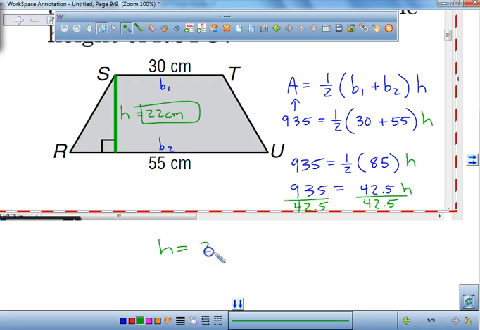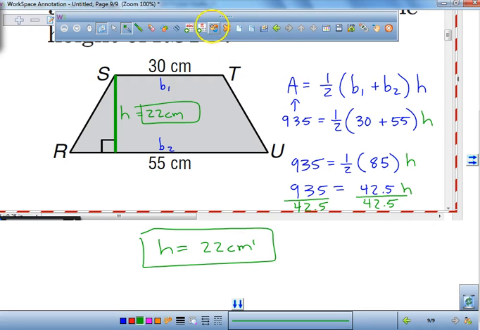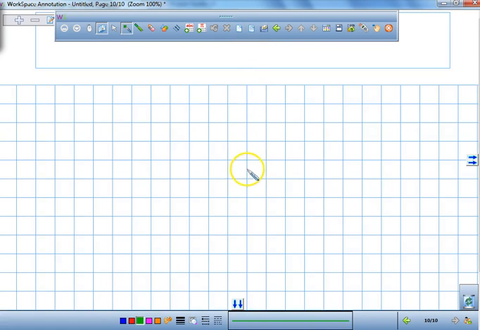No. Area is units squared, okay? Height is just a distance, all right? So distances are always just to the power of 1. Area is always squared because area deals with squares, okay? Like the area of this square would be 1 unit squared.